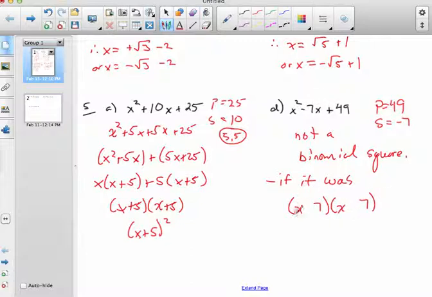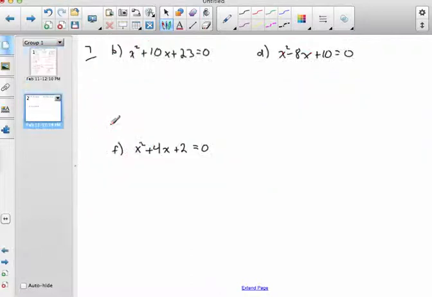Like if you do your double distributive property, there's no way we can make that middle term of -7. Similarly, there's no way we could do it if our terms looked something like this, regardless of what the signs are in the middle. So that's another reason why it's not a binomial square.